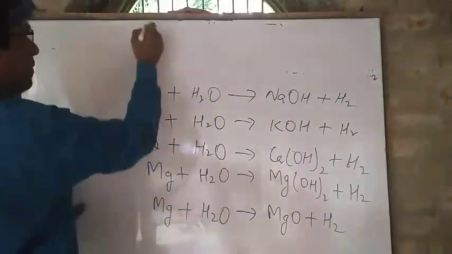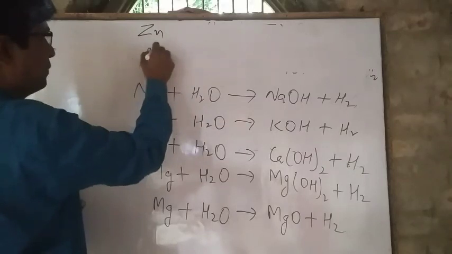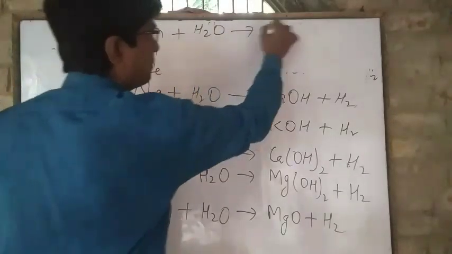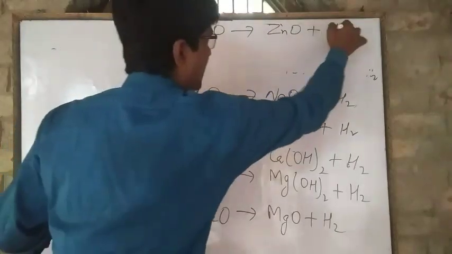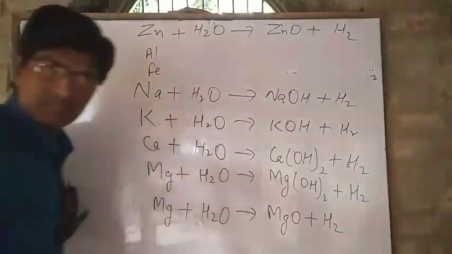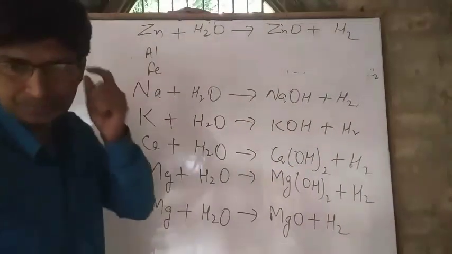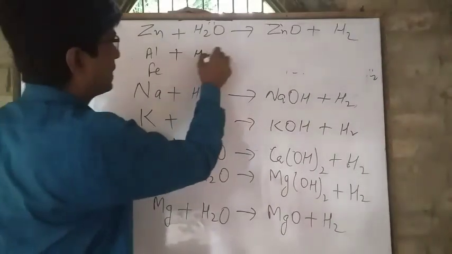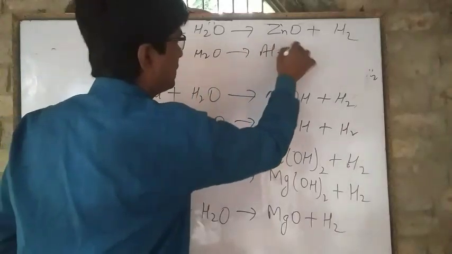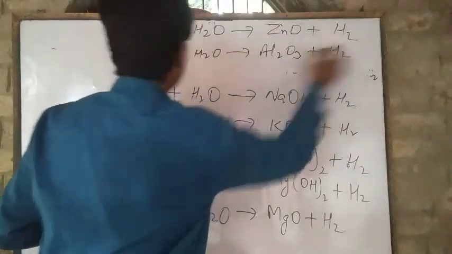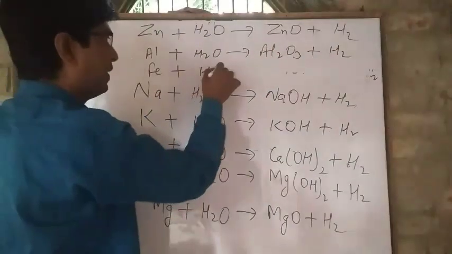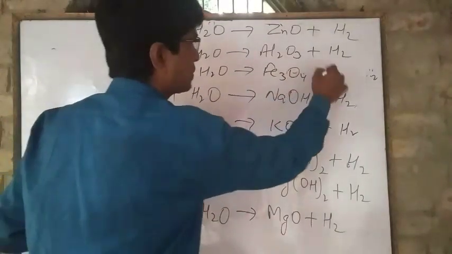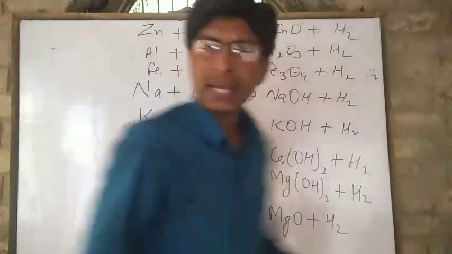Dear students, for example, when zinc reacts with water, it produces zinc oxide and hydrogen gas is released. When aluminium reacts with water, it produces aluminium oxide and hydrogen gas is released. In the same way, iron also reacts with water and produces iron oxide and hydrogen gas is released.